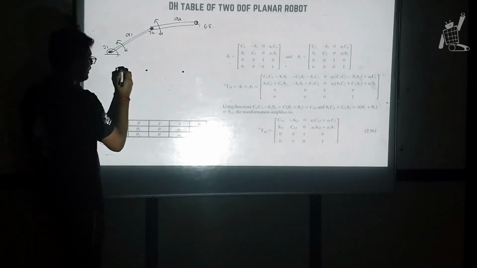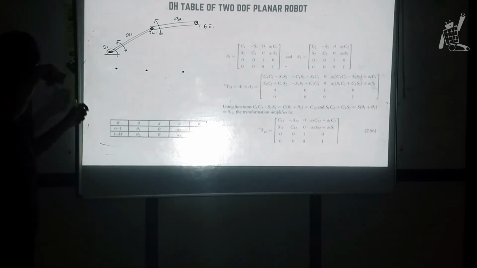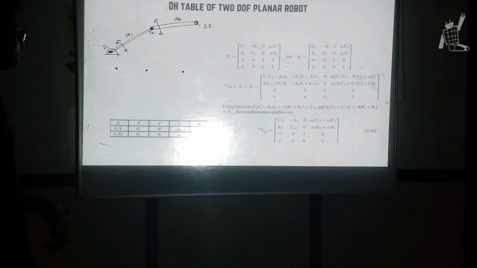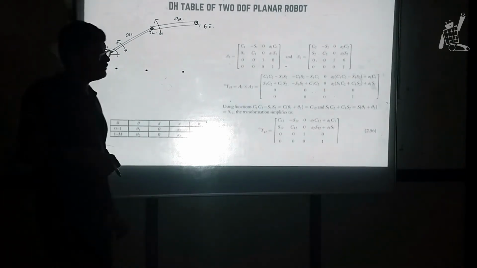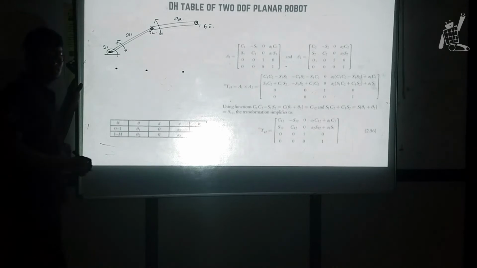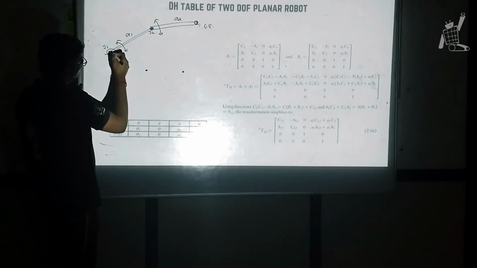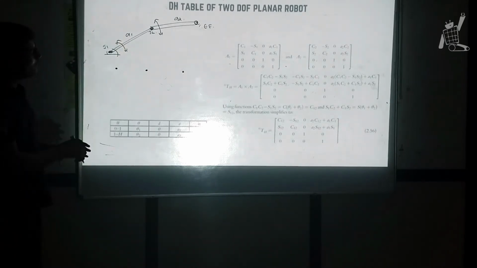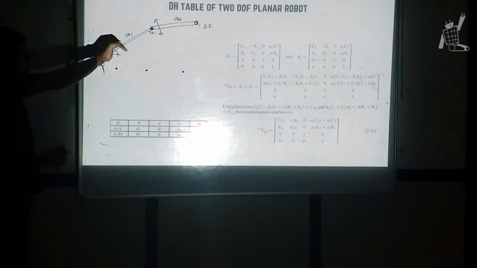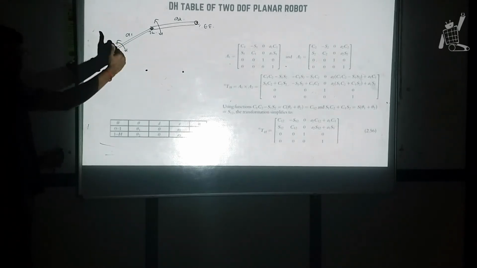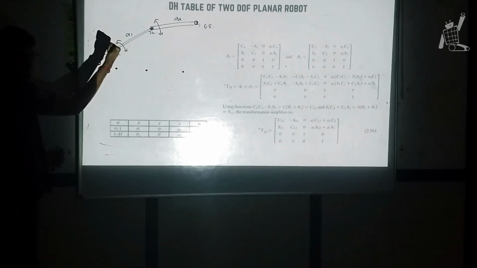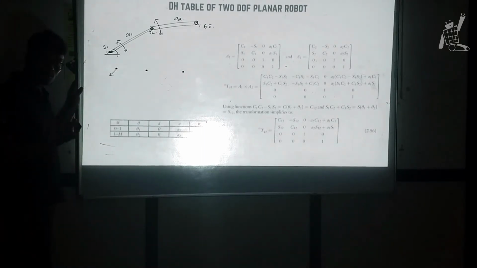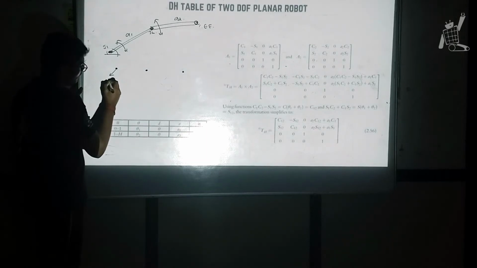And what is the first step while dealing with the DH? Marking of its frames. So we start with the assigning of Z axes. This joint is rotating like this, so by the right hand rule, it will be either into the plane or out of the plane. I am taking it as out of the board, Z0.